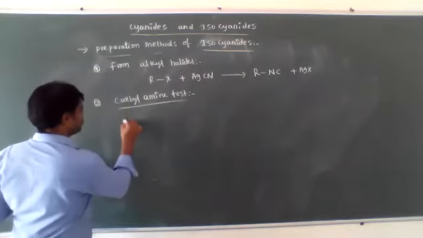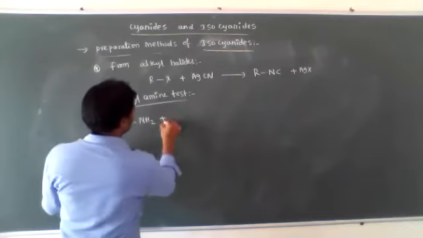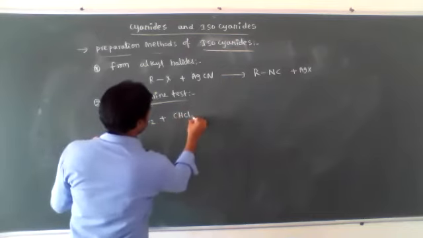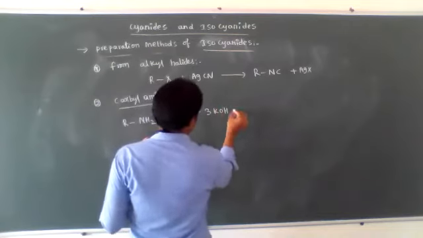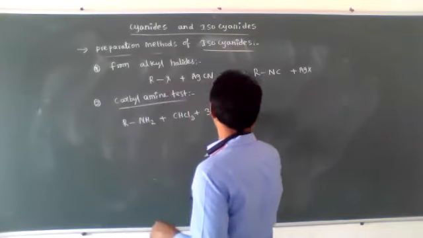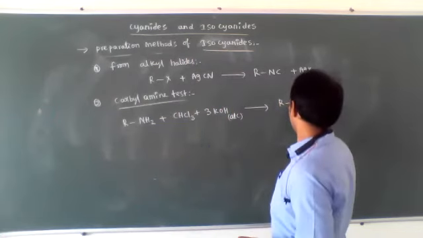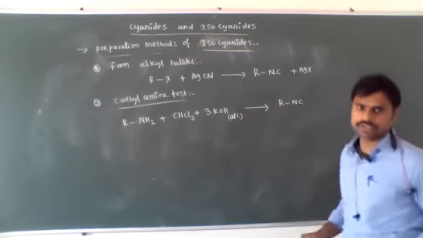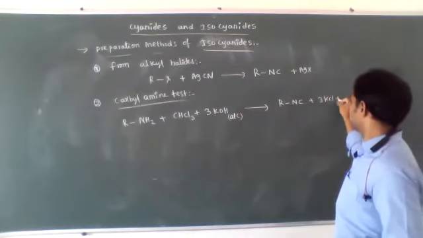For example, RNH2 plus CHCl3 plus 3 moles of alcoholic KOH gives R-NC, isocyanide, plus 3 KCl plus 3H2O.